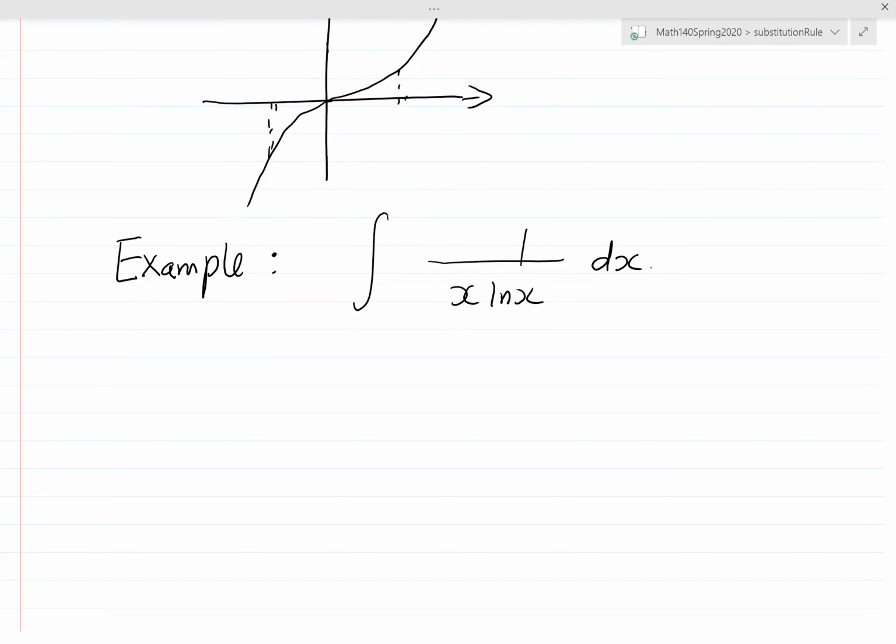For this example, what do we substitute? First of all, this integrand is a fraction. If we have a fraction, usually what we substitute is the denominator, the numerator, or a factor of them. Here the numerator is 1, so there's nothing to substitute, and the denominator is x ln x.